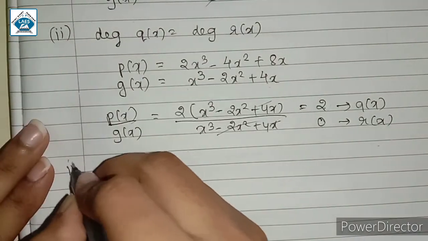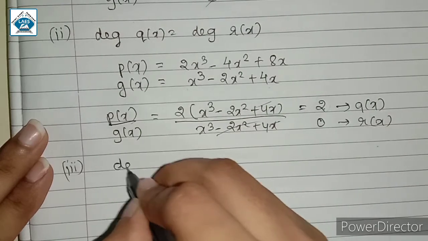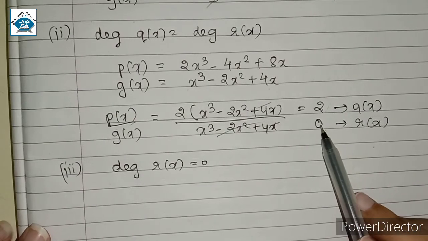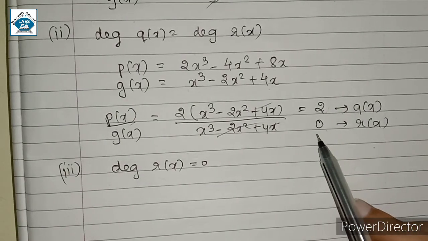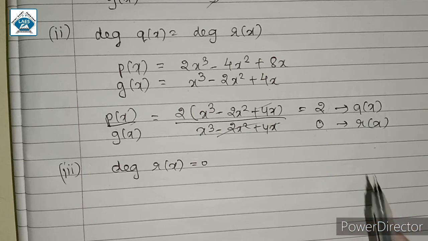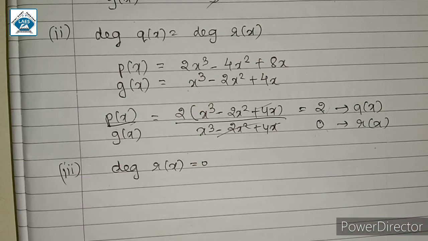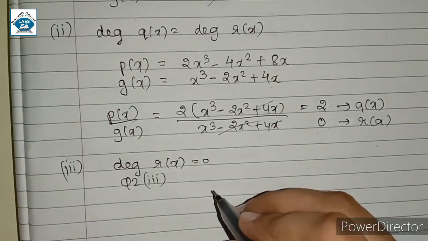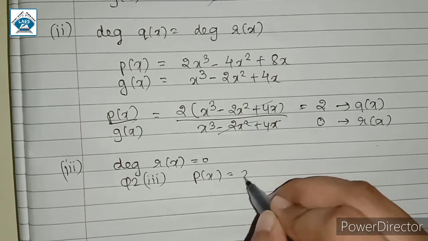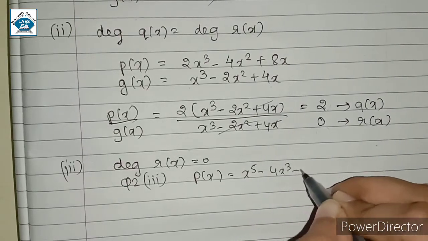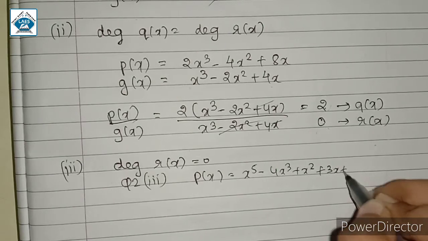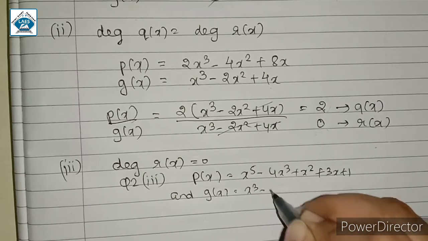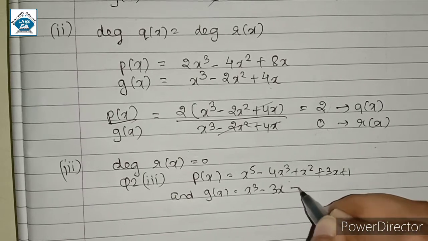In question number 3 you need to find polynomials in which degree of the remainder is 0. So we have an example over here where degree of remainder is 0 because it is a constant polynomial, or else in sub question number 3 of question number 2 we had two polynomials where p(x) is equal to x raised to 5 minus 4x cube plus x square plus 3x plus 1, and g(x) was equal to x cube minus 3x plus 1.